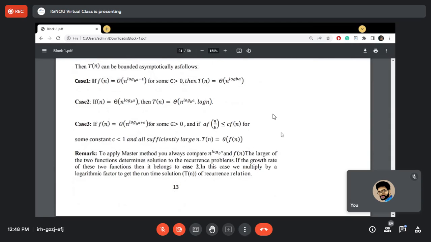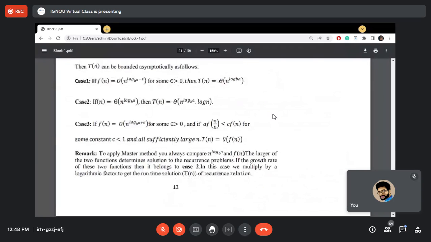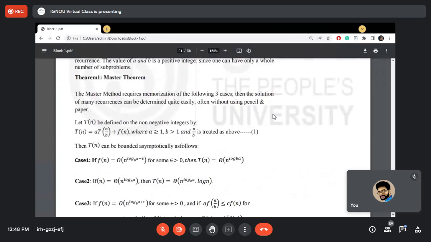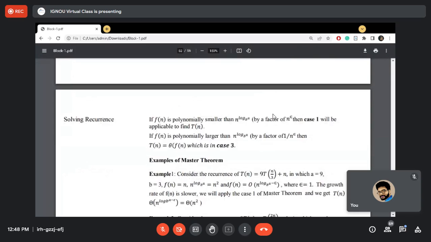So according to this function, a is 9 and b is 3. And what is the value of F(n)? This is F(n), so the value of F(n) is n. Any problem till now?